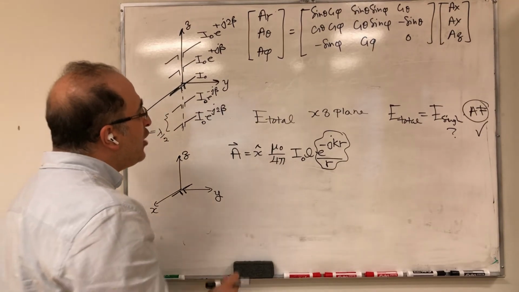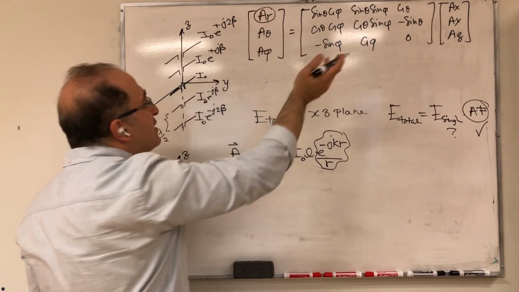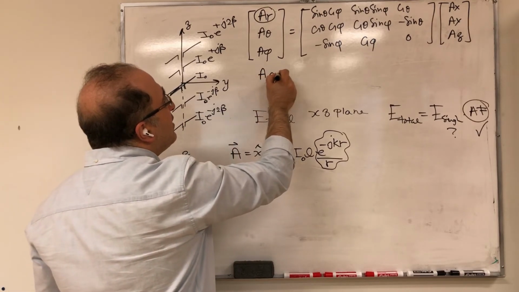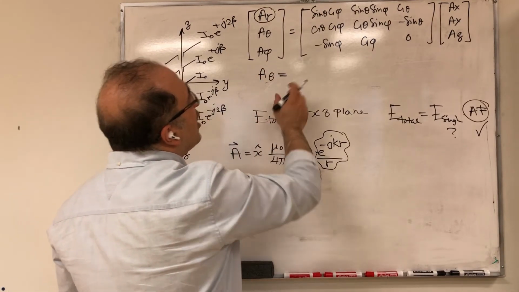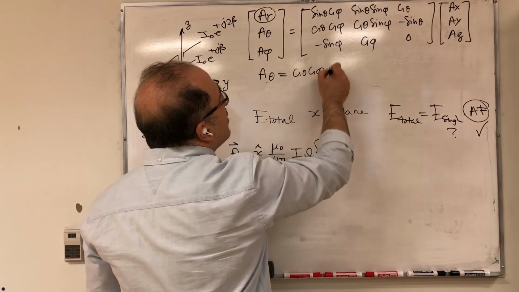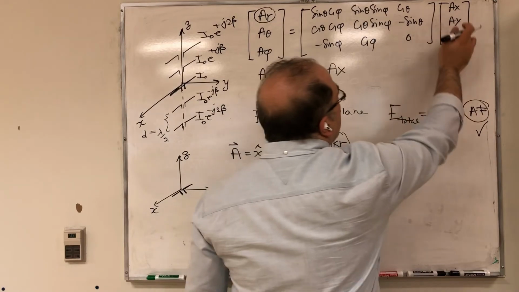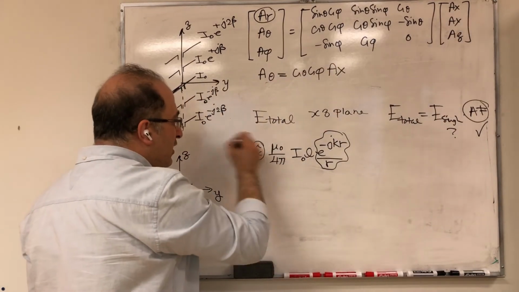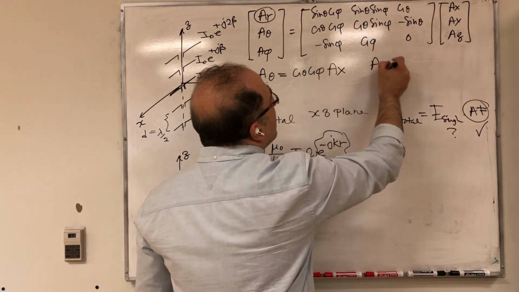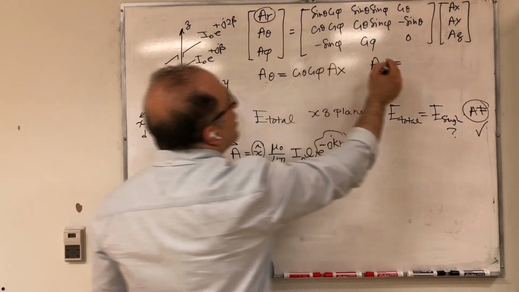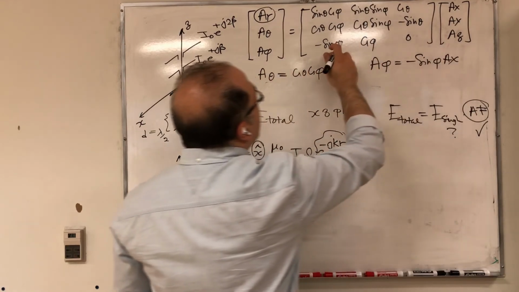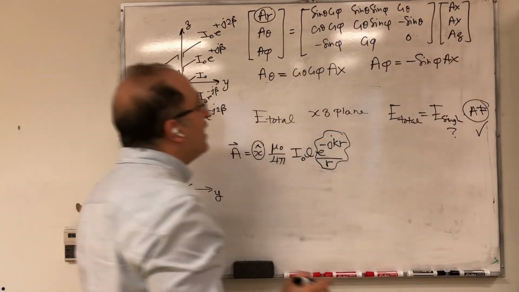So I know that I don't need A_r, that's not relevant in the far field. So I'm just going to use A theta, and A theta becomes cos theta cos phi times A_x. And I know that A_y and A_z are 0. Remember, I only have x hat. So that's my A theta. And A phi is minus sine phi times A_x again, and again, I don't have A_y and A_z.